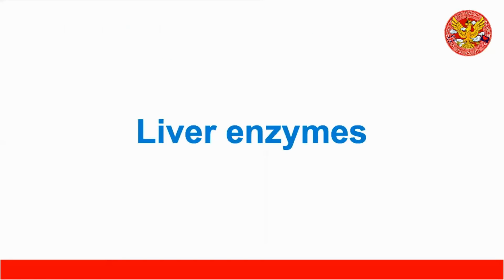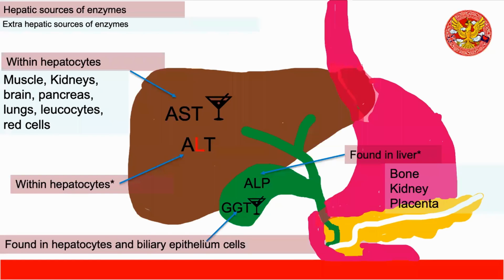So looking more closely at the liver enzymes, I've drawn a diagram, which isn't very pretty, but I hope is quite simplified. You have ALT and AST, which are found in the hepatocytes in the liver, and these are markers of hepatocellular injury. When your hepatocytes get damaged and die, these get released and so appear elevated in the blood.